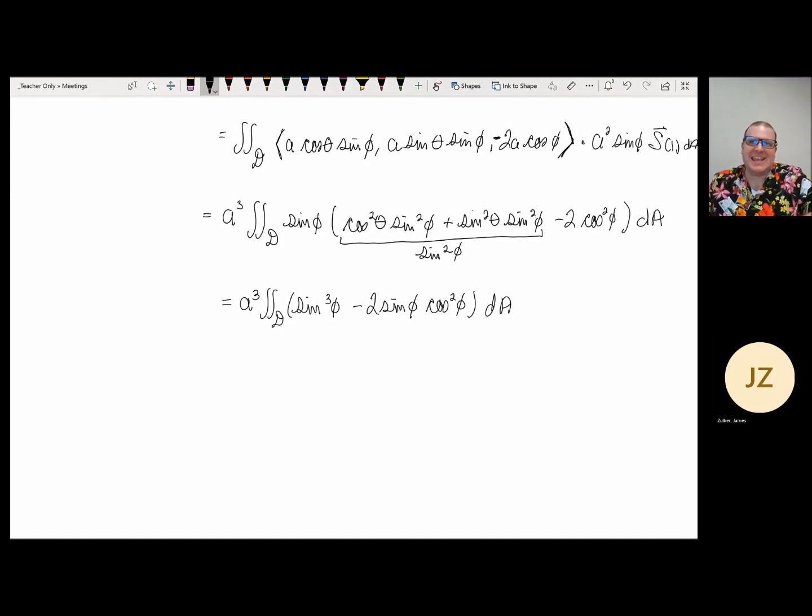That can technically be simplified. Can factor out a sine phi, you'd have sine squared minus, oh wait, that 2 there, never mind. That's a problem. Doesn't matter if that 2 wasn't there, the simplification wouldn't help. So there's the setup as a double integral.